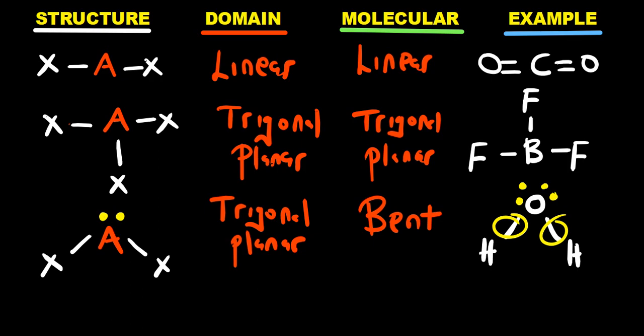Because you know that electrons are negatively charged, therefore they're able to repel the other electrons which are bonding, hence causing that shape. Very important for you to understand. Now that we've talked about a trigonal planar, let's talk about something that is connected to four things.